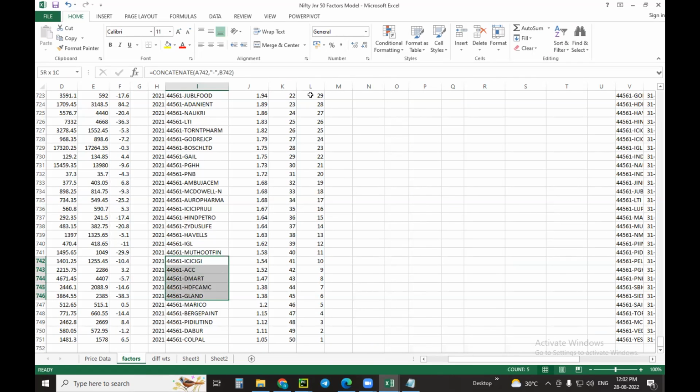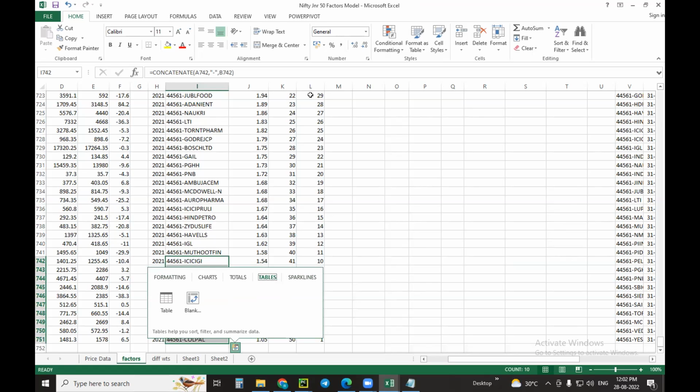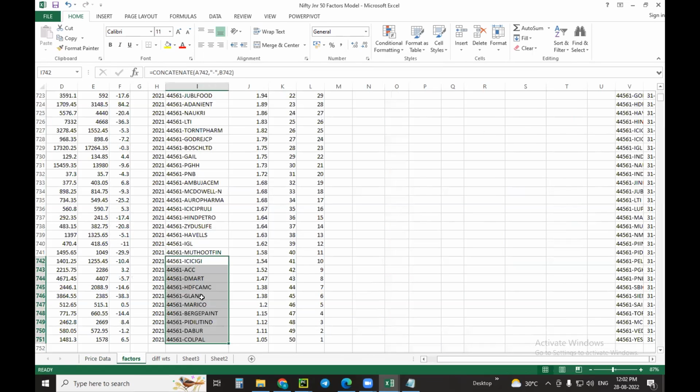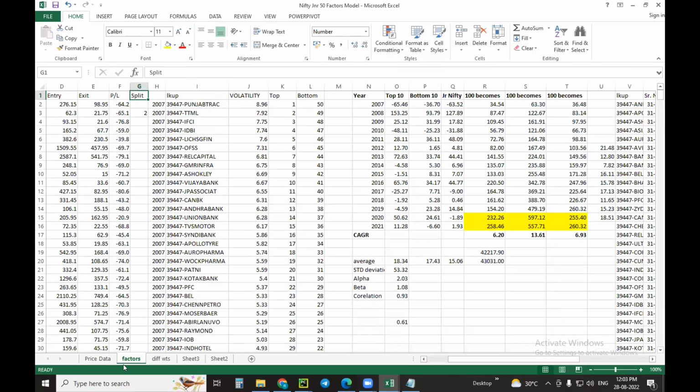Now go to price data. Sorry, go to factors. Go to factors. Change it to market cap.